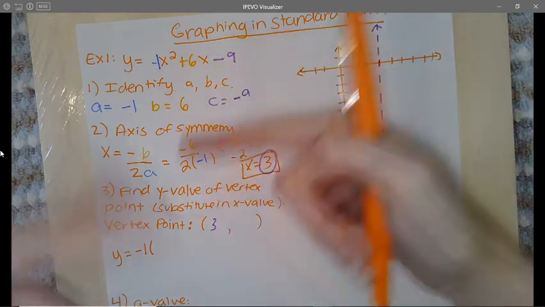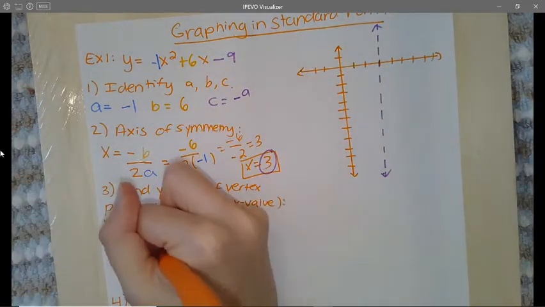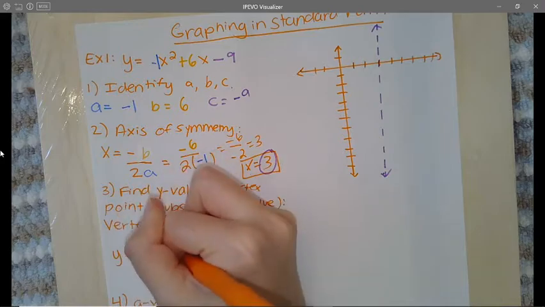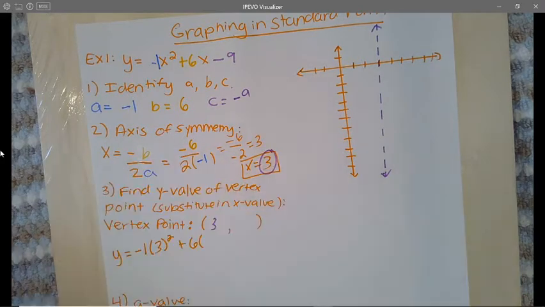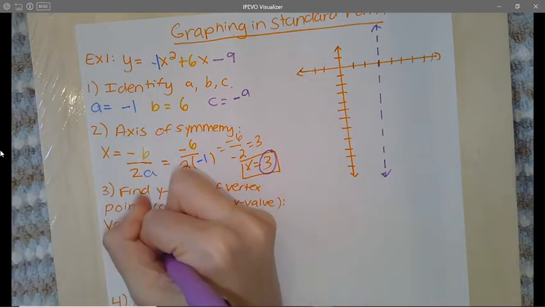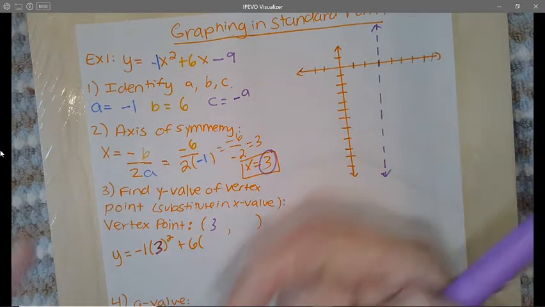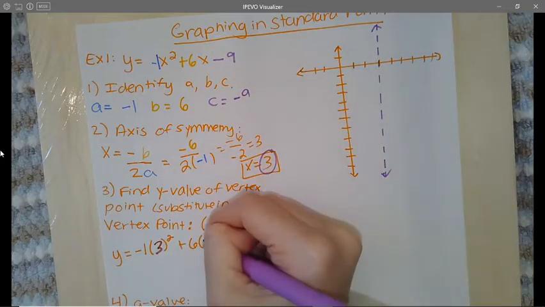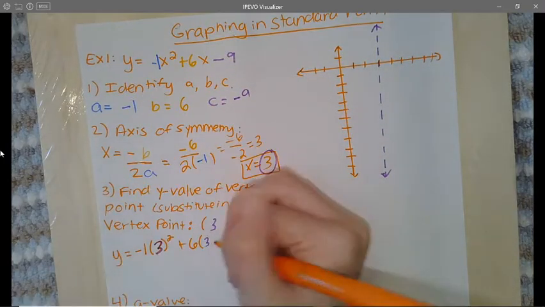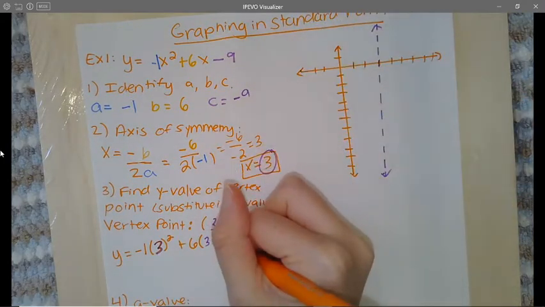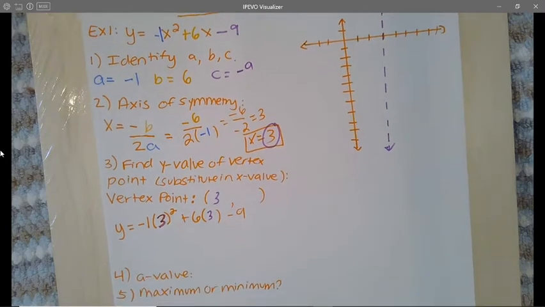So my x will transform into a 3, so it'll be 3 squared plus 6 times, which I'm going to do in purple to keep it consistent, why not? 6 times x, which we know x is going to transform into a 3, and then minus 9. All right, let's solve this thing for y.